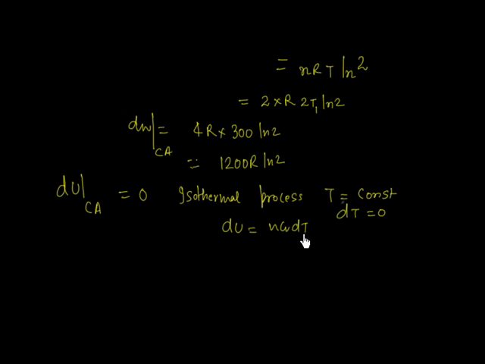So dT is 0, so the change in internal energy is 0. So it is easy to find dq for process CA: dq is dW plus du, du is 0 and dW is 1200 R ln 2. So this is simply 1200 R ln 2, which is basically the heat change in process CA.